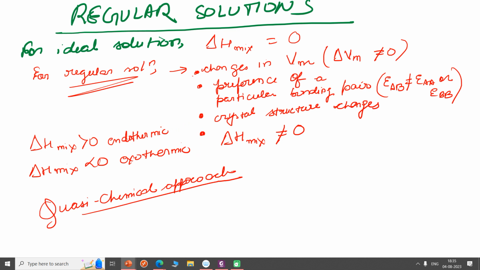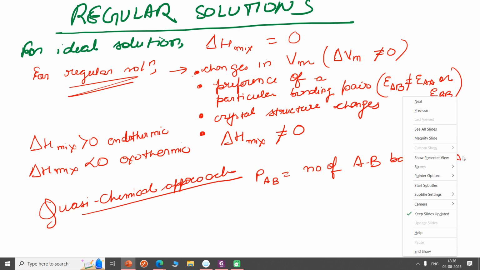So if we just take PAB, it is the number of hetero bonds, the number of AB bonds, with bond energy epsilon AB or EAB.